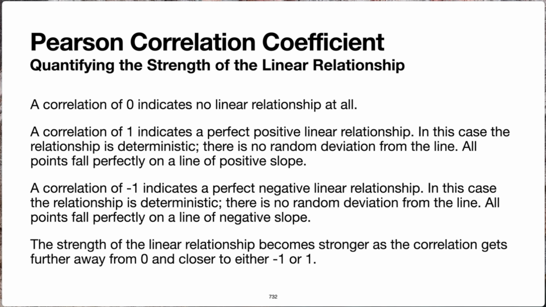Again, the relationship is deterministic in the sense that there is no random deviation from the line. All points fall perfectly on a line of negative slope. The strength of the linear relationship becomes stronger as the correlation gets further away from 0 and closer to either -1 or +1. Conversely, the relationship becomes weaker as the correlation gets closer and closer to 0.